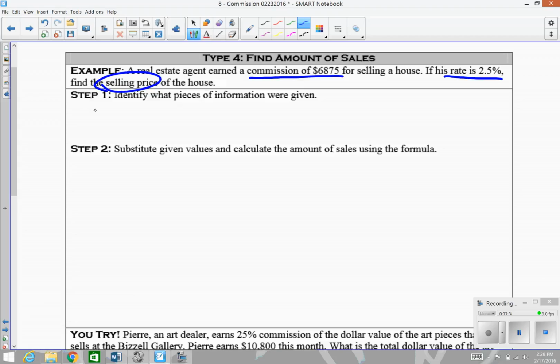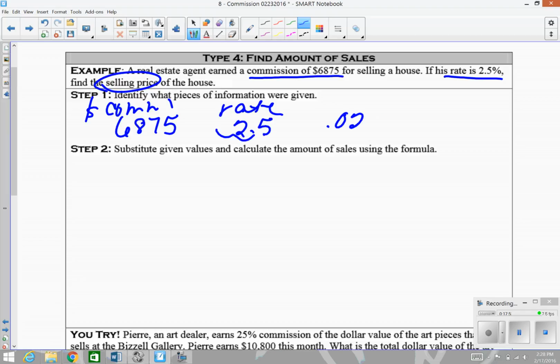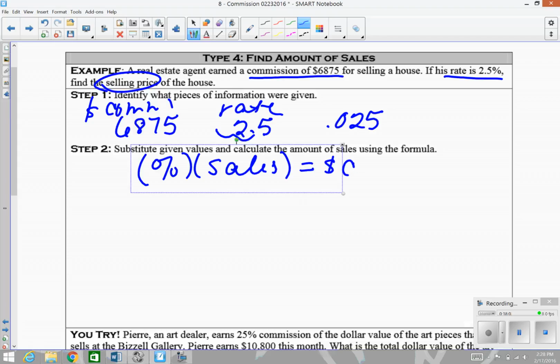Okay, so commission is $6,875. Our rate is 2.5, and we plug that in, we'll do 0.025, and we're looking for sales. So percent times sales equals commission.